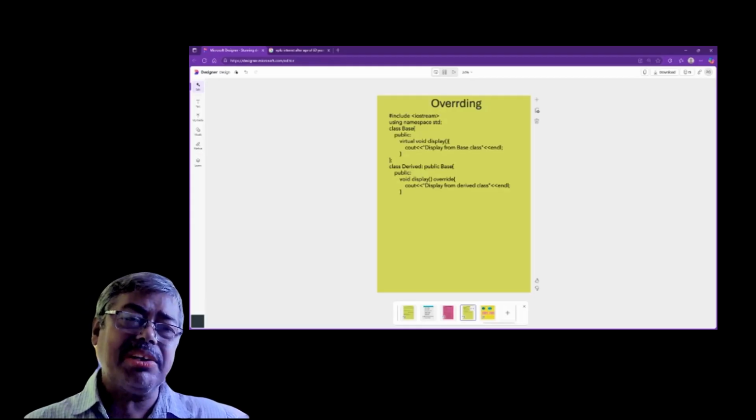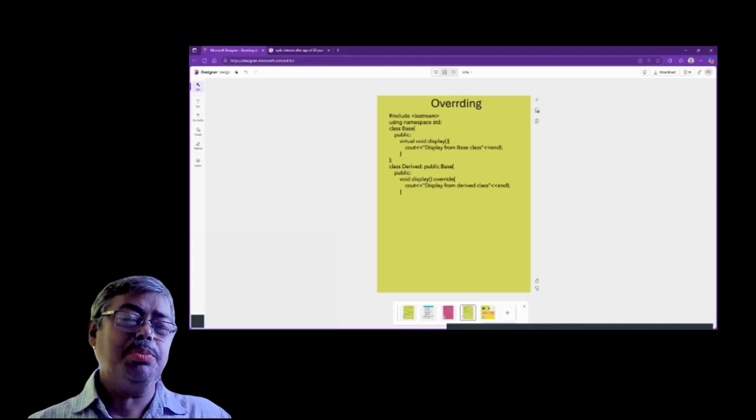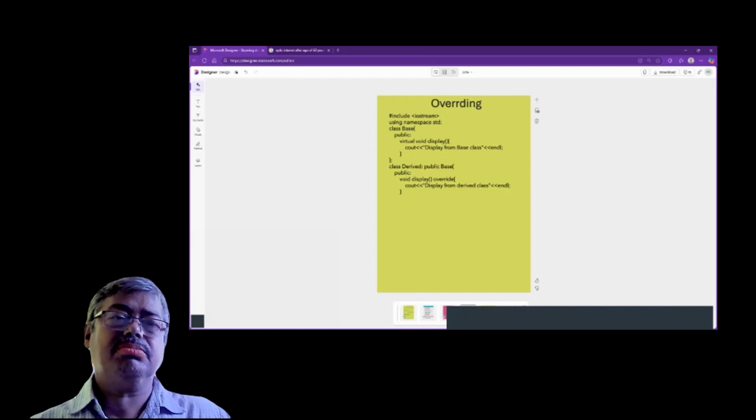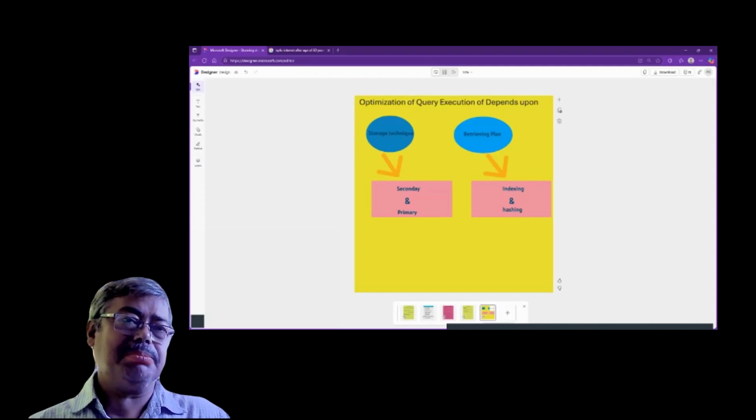The function name is not changing, but the content is. So overriding does not change the function name, the content changes. These two properties, overriding and overloading, are characteristics of the object-oriented database management system.